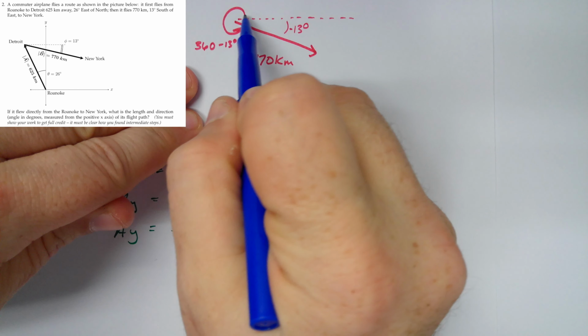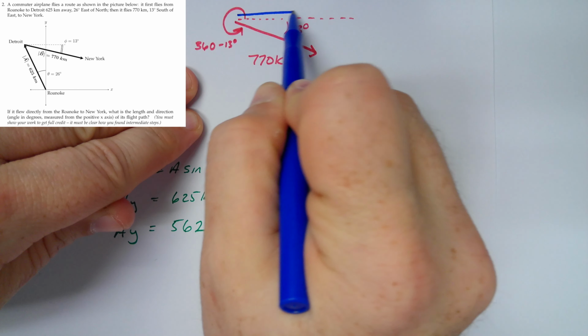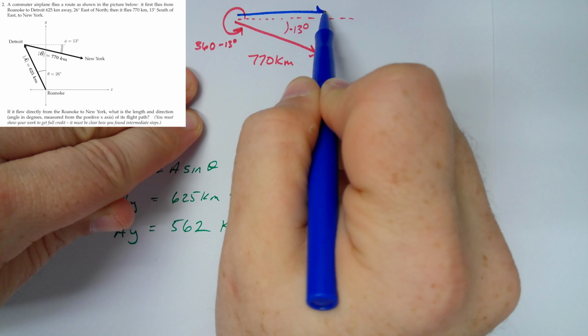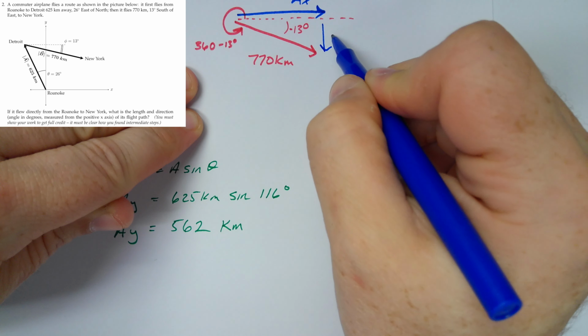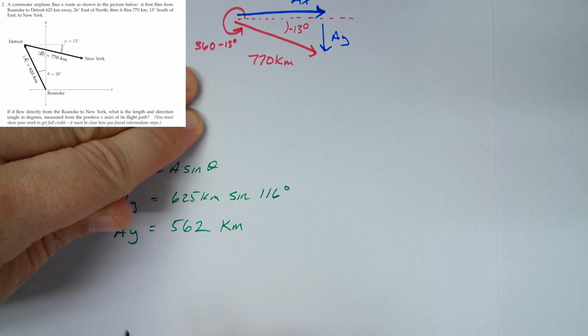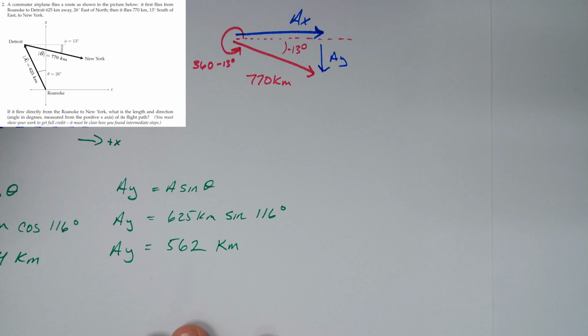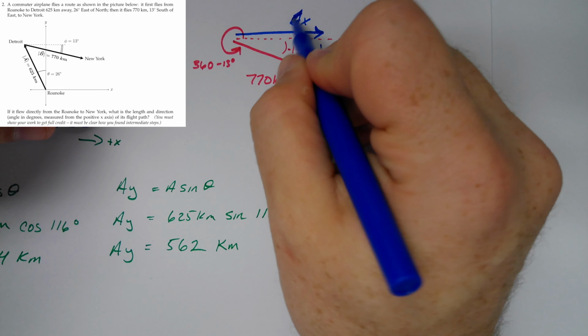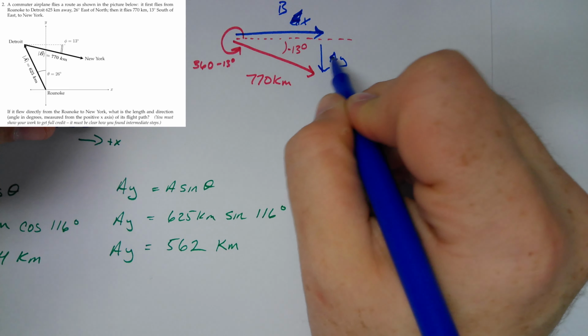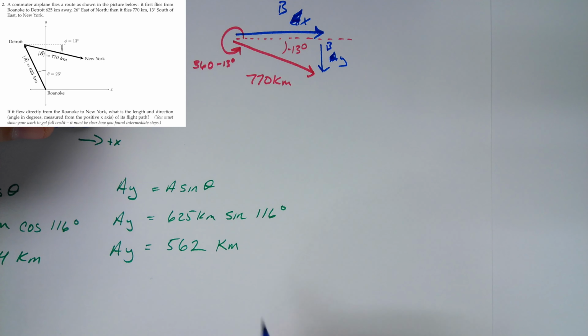This will now have components. It goes B_x this way, and this way is B_y. We should call these vectors B because it's the second vector.